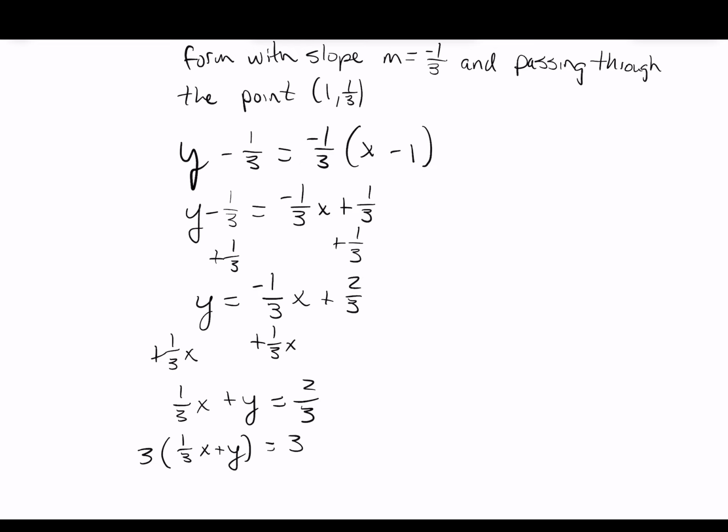And we need to multiply this side by 3 as well. So 3 times 1/3 x gives us just x. 3 times y gives us 3y. And 3 times 2/3 gives us 2. So our equation is x plus 3y equals 2, and that's in standard form.